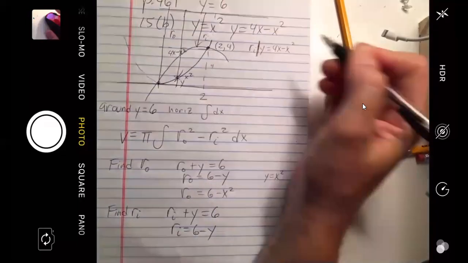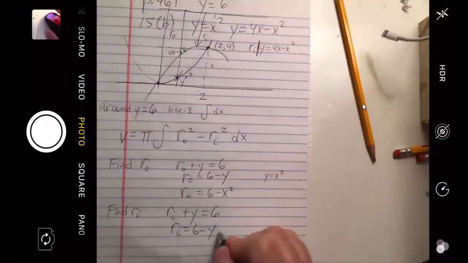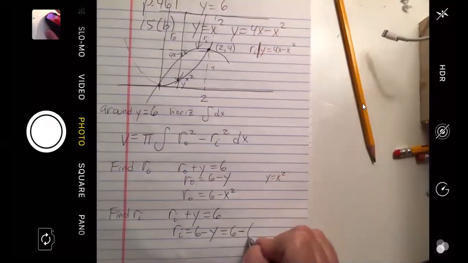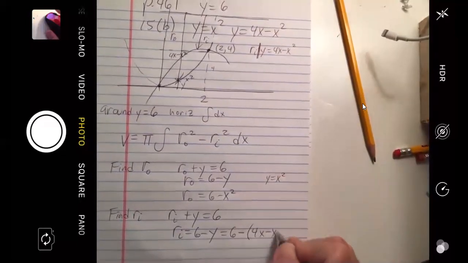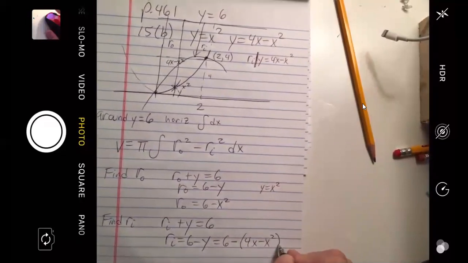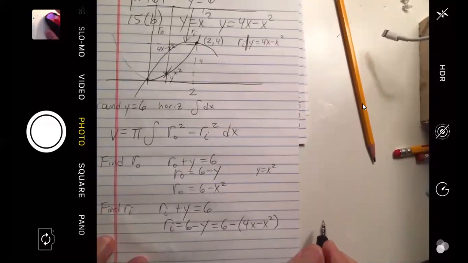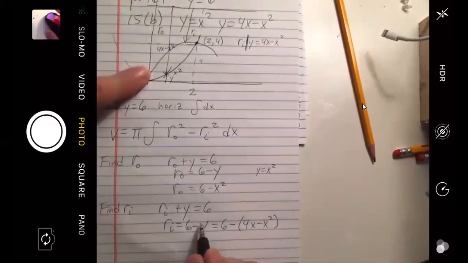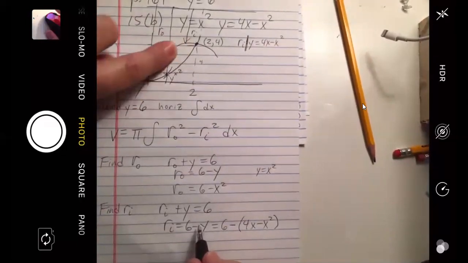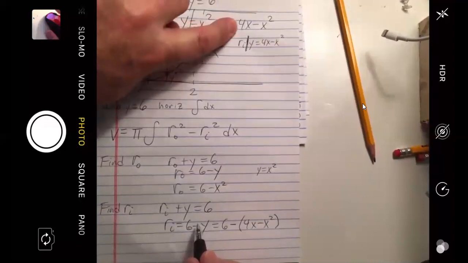This is confusing. So that is 6 minus (4x minus x squared). Because the inner radius goes to that inner curve, and the inner curve has that formula.